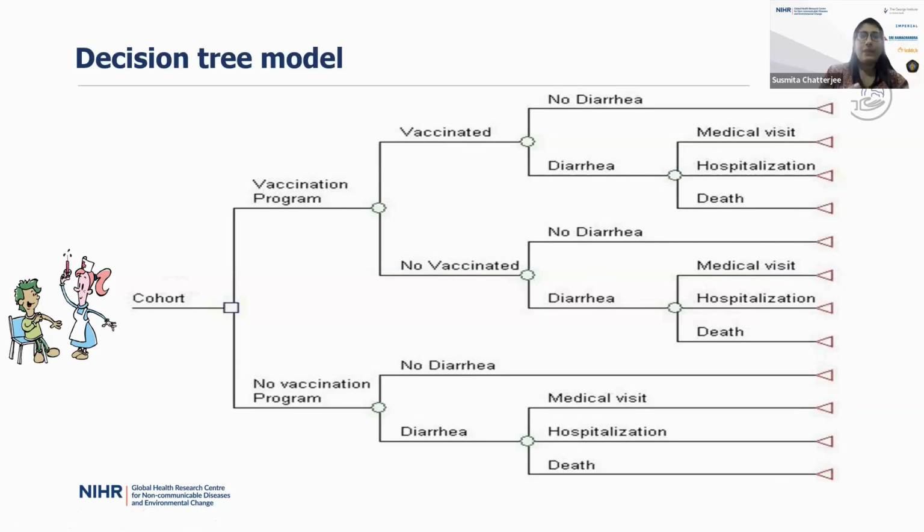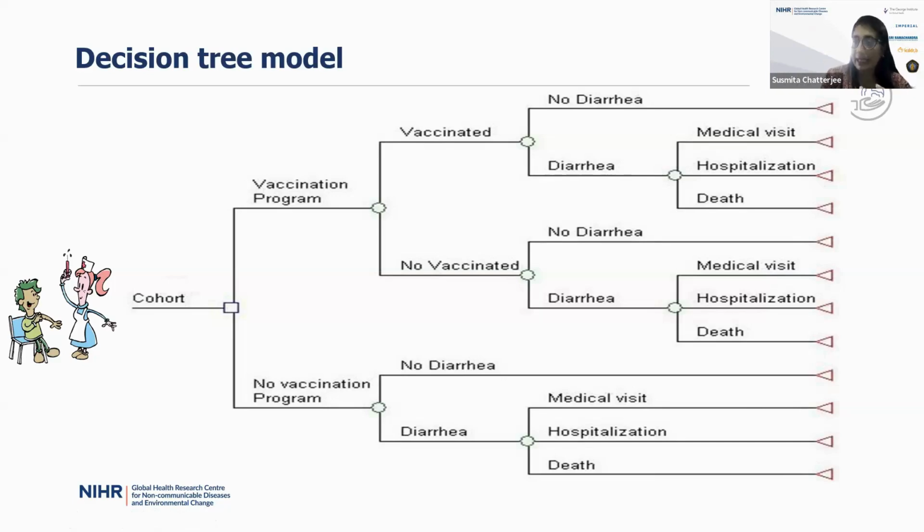This way, you have to create the decision tree. One point to note here is that a decision tree is generally for infectious disease which ends in one go, like rotavirus. It has a quick ending. So you can do a decision tree because it's not very complicated.